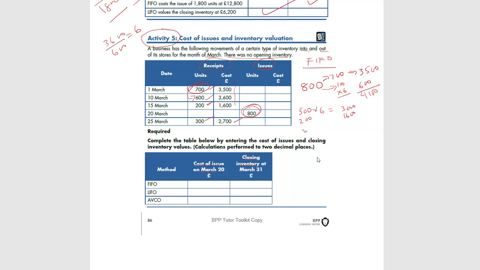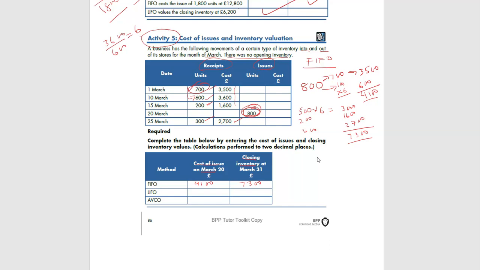These are the units I have in my warehouse as stock. So 3000 plus 1600 plus 2700 gives me 7300. So the issue value is 4100 and the closing inventory value is 7300. The issue value is the value of the 800 units, and the closing inventory is the units left in stock after selling the 800 and their value.